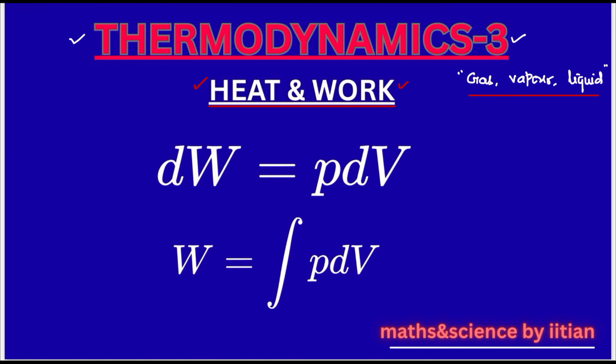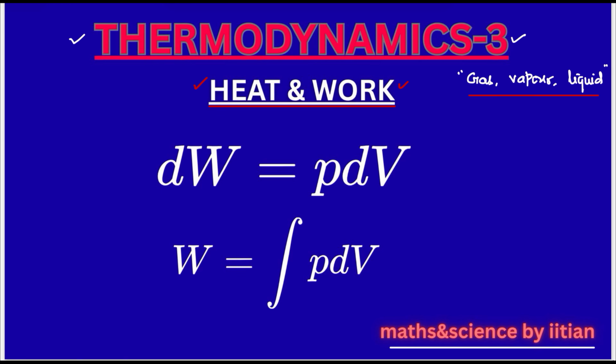But in ideal cases, we will be considering the Carnot cycle, which has the highest efficiency, and also reversible processes. A reversible process will be a continuous process. The working fluid state changes from position 1 to position 2 and the process will be continuous, and in the reverse direction also the process is continuous.